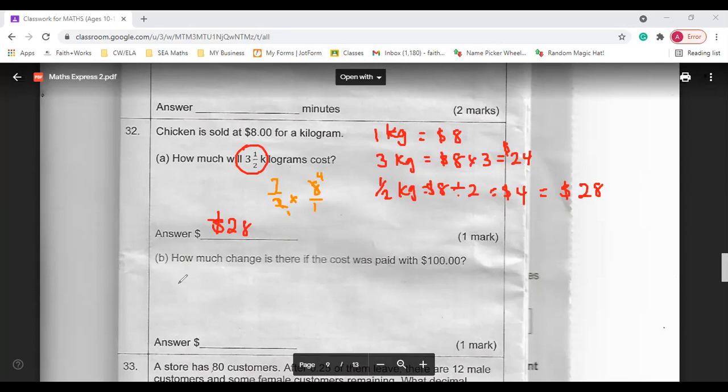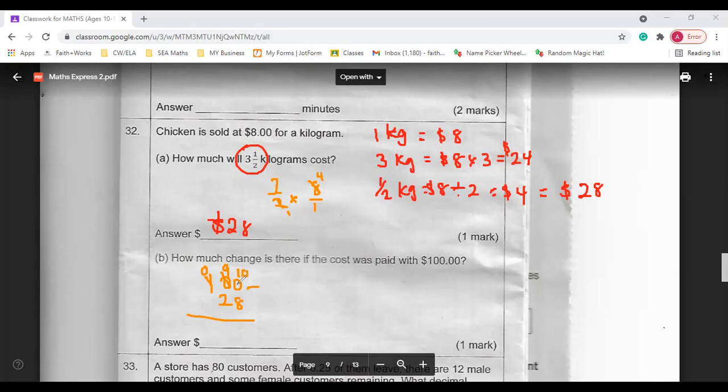Okay, let's go to part B. How much change is there if the cost was paid with $100? So we have to make change now. So 100 minus 28. Borrow here, we're left with 0. If we borrow from here, we're left with 9.